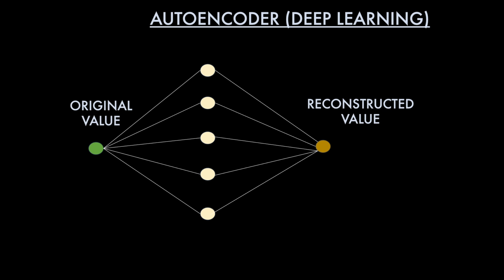All right, so now let's go to the last approach, which is based on deep learning autoencoder architecture. Autoencoders are a type of neural network that tries to learn to encode input data into a lower dimensional representation and then decode it back into the original input. Outliers can be detected by observing the reconstruction errors. The instances with higher reconstruction errors are more likely to be the outliers.